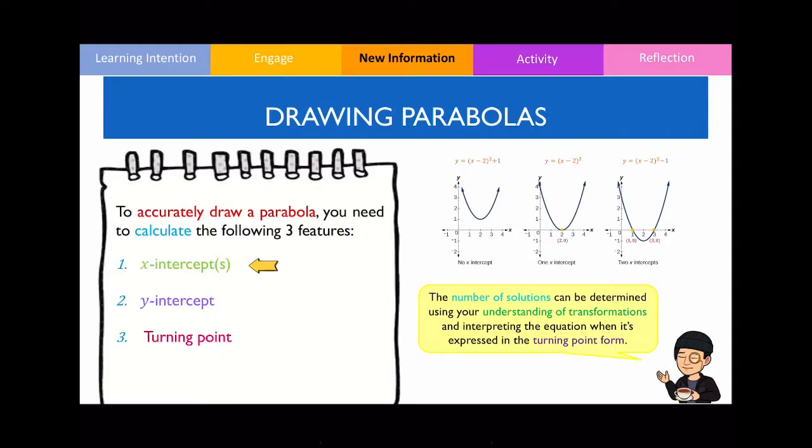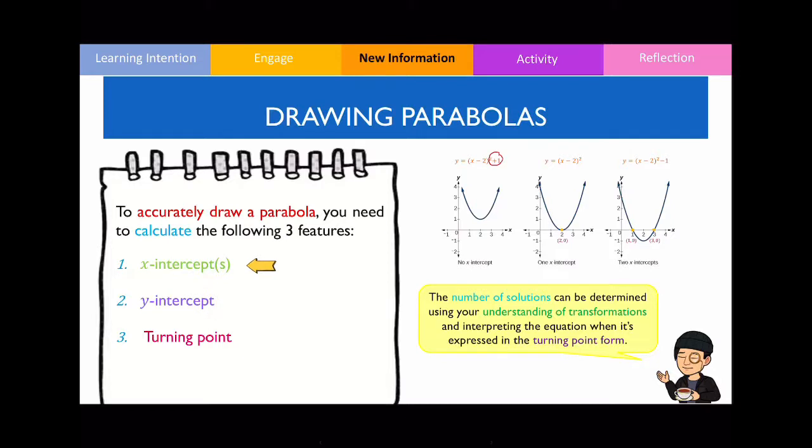If you wanted to find the number of solutions for a given quadratic equation, we can readily identify this based on our current understanding of transformations, when it's expressed in turning point form. If it's vertically shifted up very high, it makes sense that you're not going to get any x-intercepts at all.